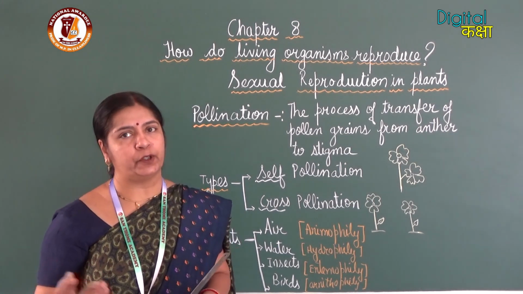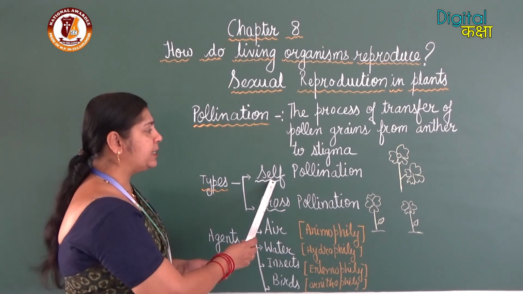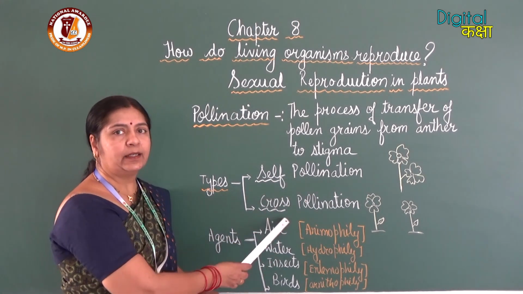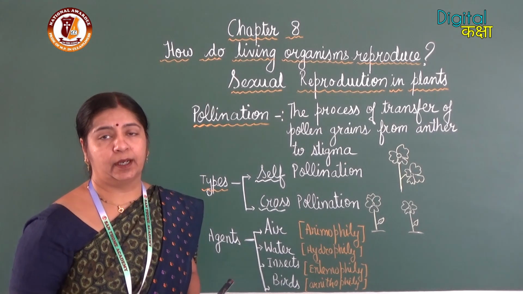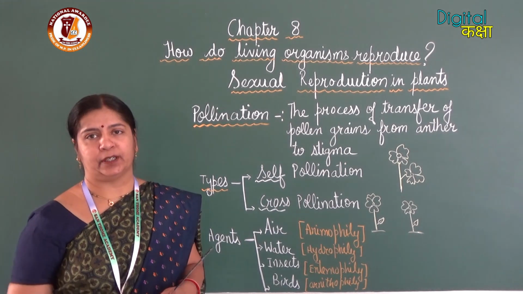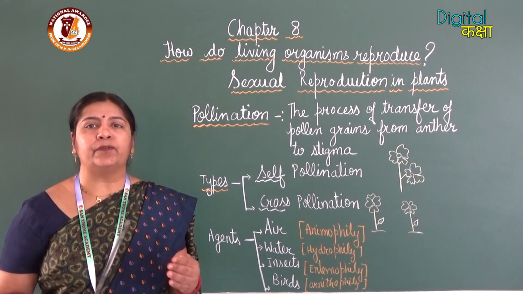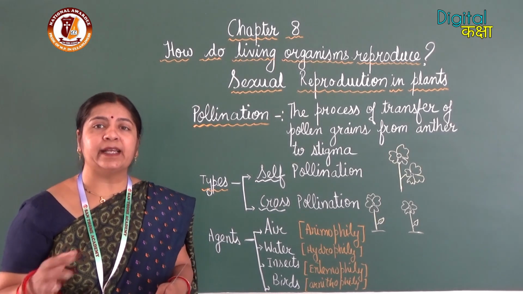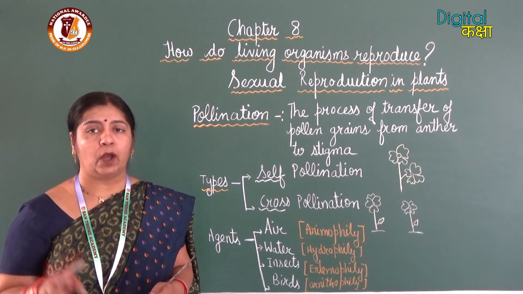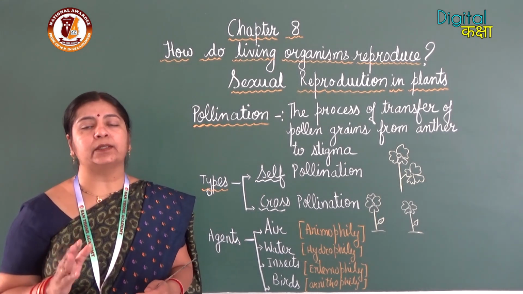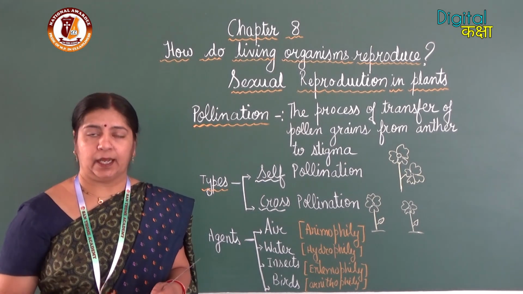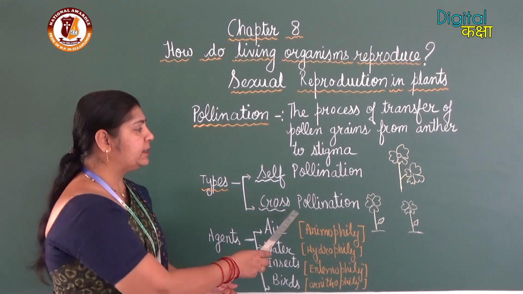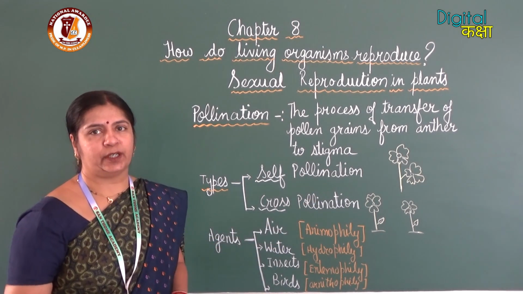Pollination can be of two types: self-pollination and cross-pollination. What is self-pollination? When this transfer of pollen grains is taking place within the same flower or between two flowers of the same plant, then we call it self-pollination.